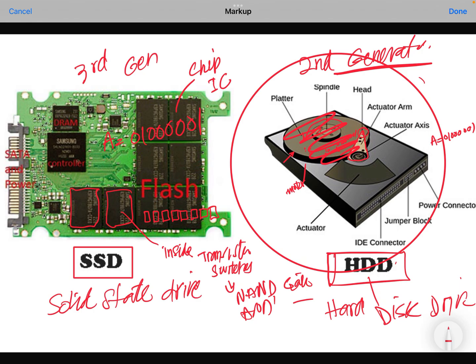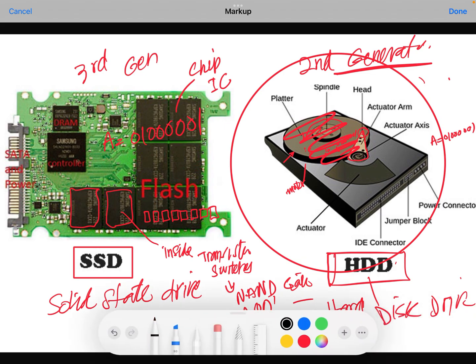For 0 the switch is off, and for 1 the switch is on, and then off, off, off, off, off, and then on.